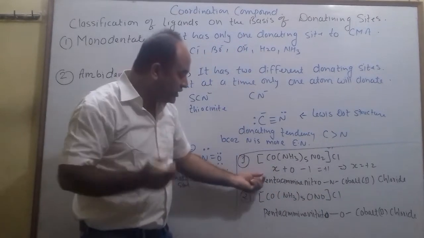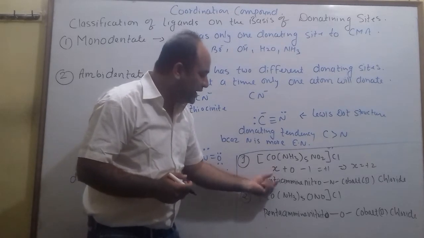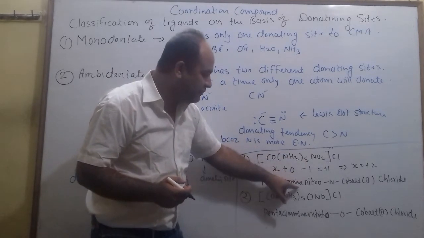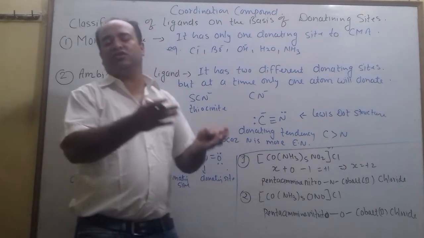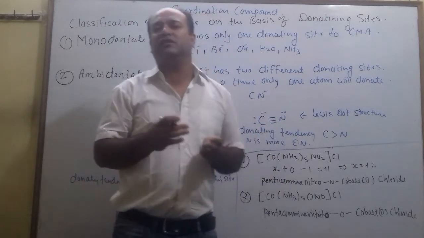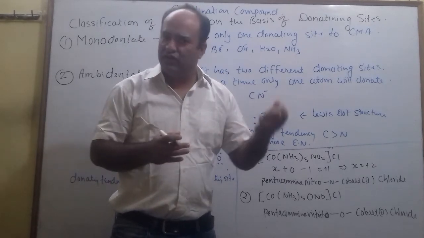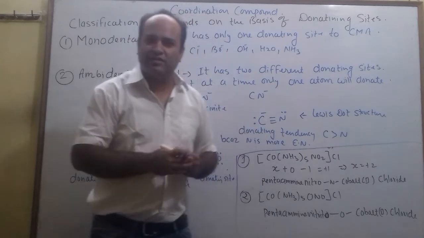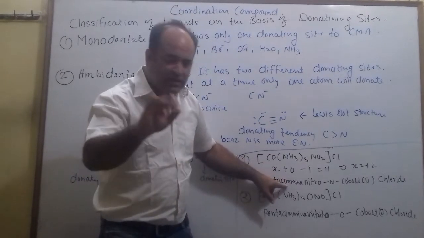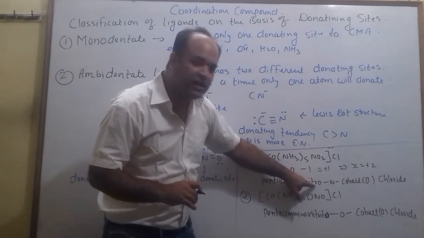So in this case, what would be the name of this compound? Penta, then ammine. The spelling of ammine: actually, in my previous video I wrote the spelling of amine as AMINE, which was noticed by one of my students. She corrected me, and I accepted my mistake. So please write the spelling as AMMINE. Then nitro. Why did I write nitro?